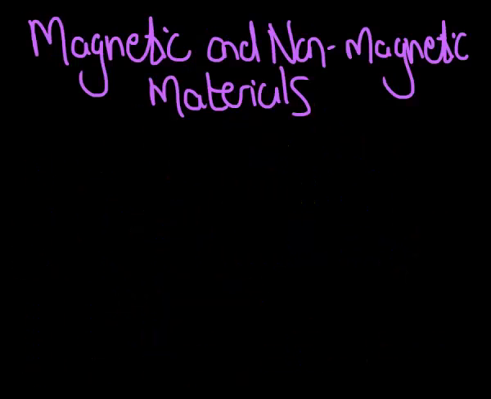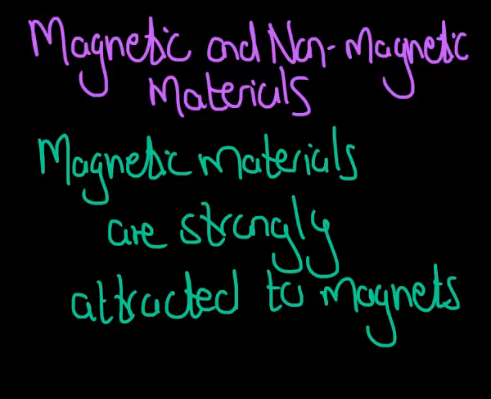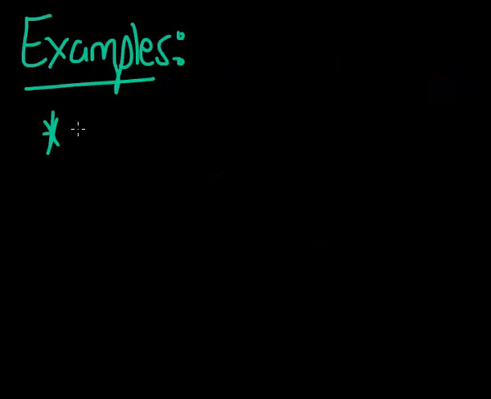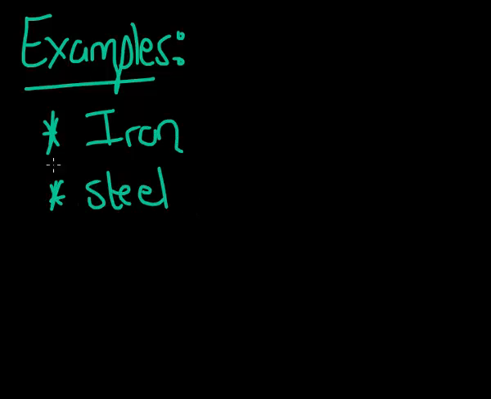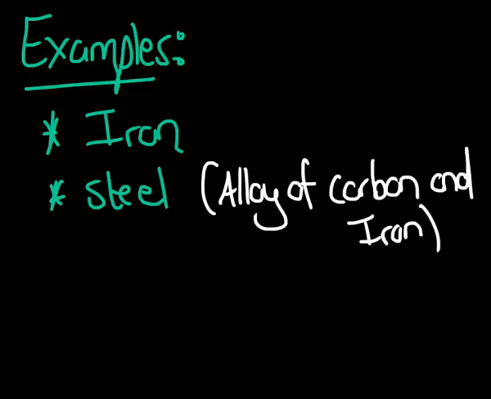Now let's go and classify things as magnetic and as non-magnetic materials. Now magnetic materials are always strongly attracted to magnets, and some typical examples of them would be iron as well as steel. Now steel though is an alloy, and an alloy means that it's made up usually of more than one metal. Now for steel it's actually made up of carbon and iron, but mostly it consists of iron.